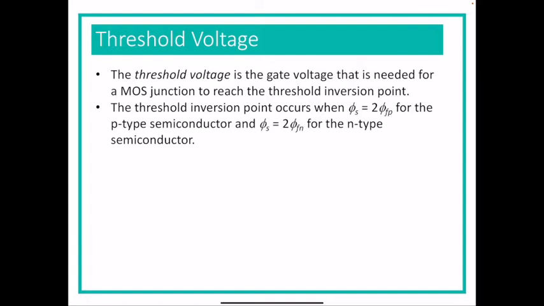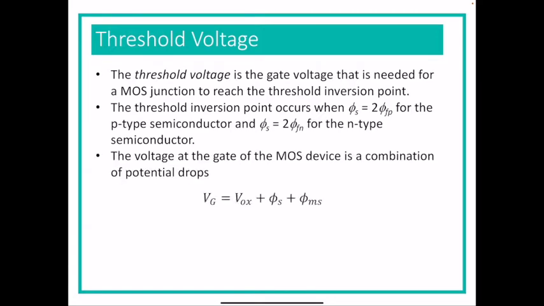And then when we look at the voltage applied at the gate of a MOS device, it's a combination of three different potential drops. It's the voltage across the oxide plus the work function at the surface between the oxide and the semiconductor, and then the work function difference between the metal and the semiconductor.